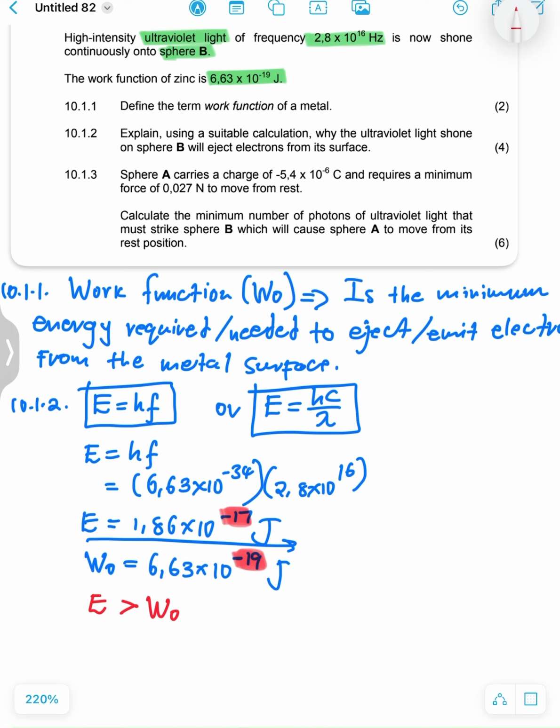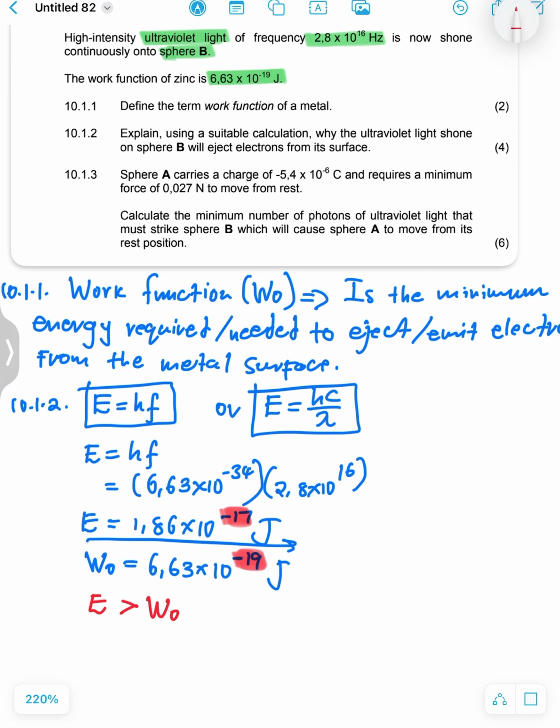Because remember, the work function is the energy needed or required to eject or emit electrons from the metal surface. So if the energy is less than the work function, the electrons will not be emitted or ejected. If the energy of light is greater than the work function, the electrons will be ejected.